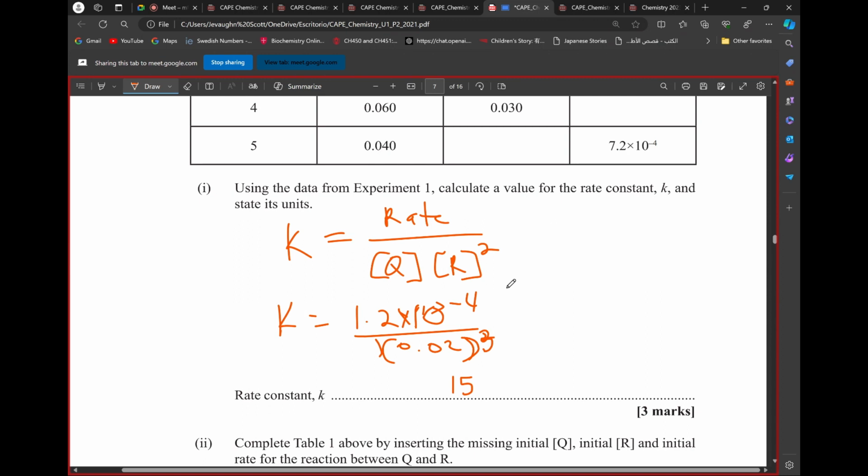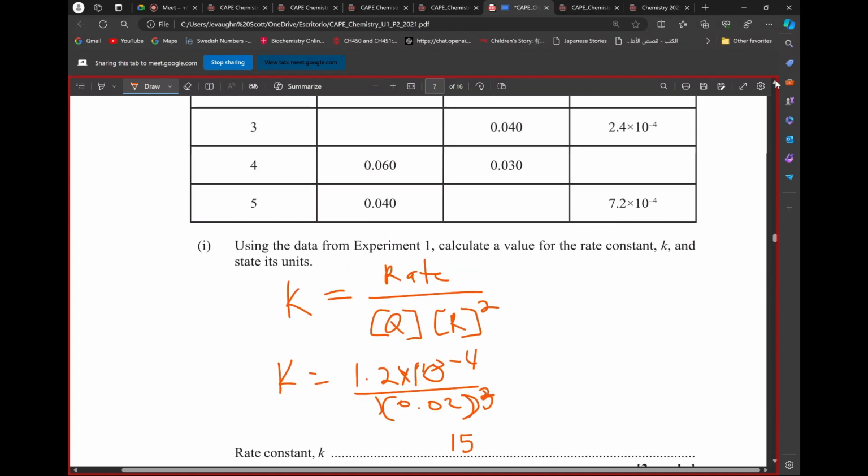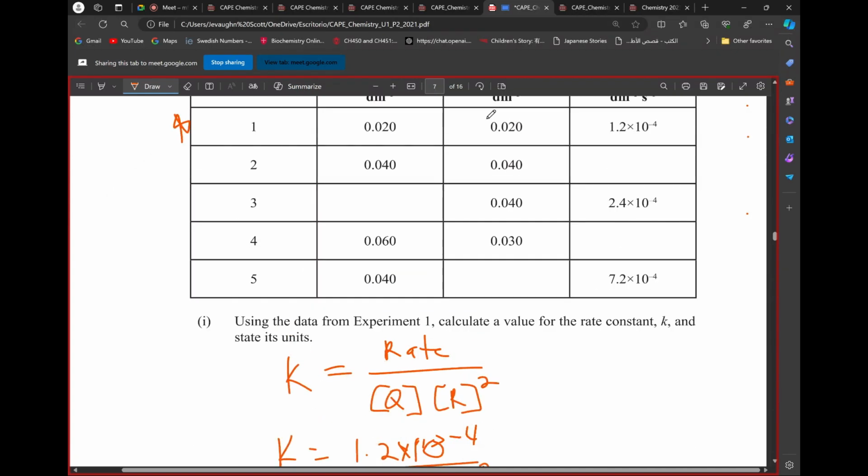Jay, go ahead. What were you referring to be cubed? I was referring to the denominator, 0.02. Why is it supposed to be cubed? Because it's a second order reaction.